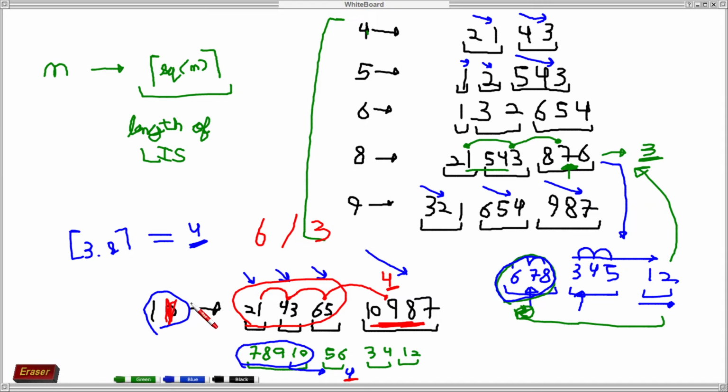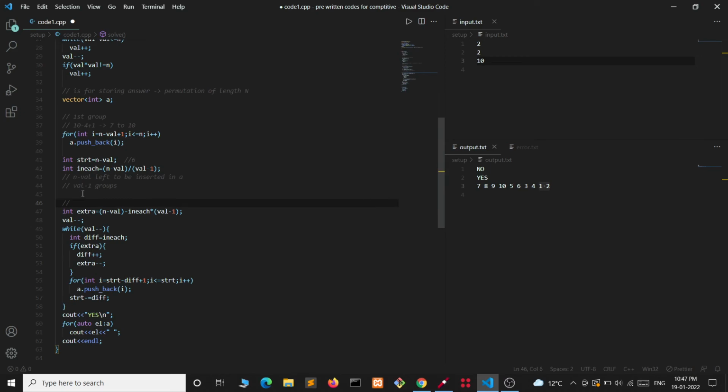But if n is 11, then there will be 7 elements left and we have to divide them into three groups. So we can divide them equally by 2, but we will be left with one remainder. So we can increase the number of elements from 2 to 3 in one of the groups. So this extra will be telling the number of groups that will be having one more element each.